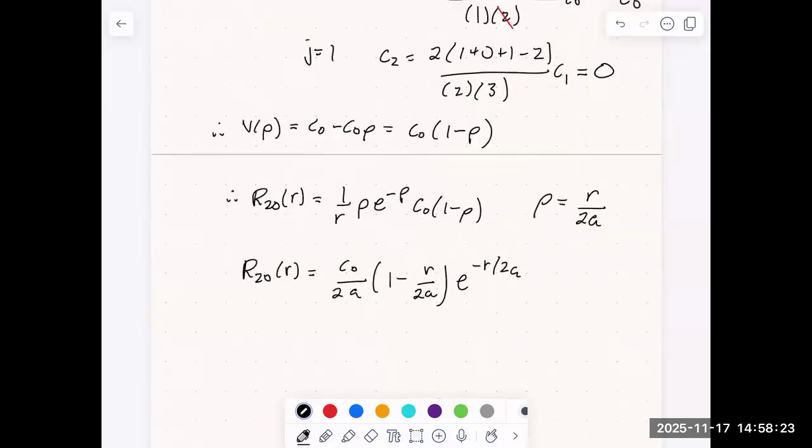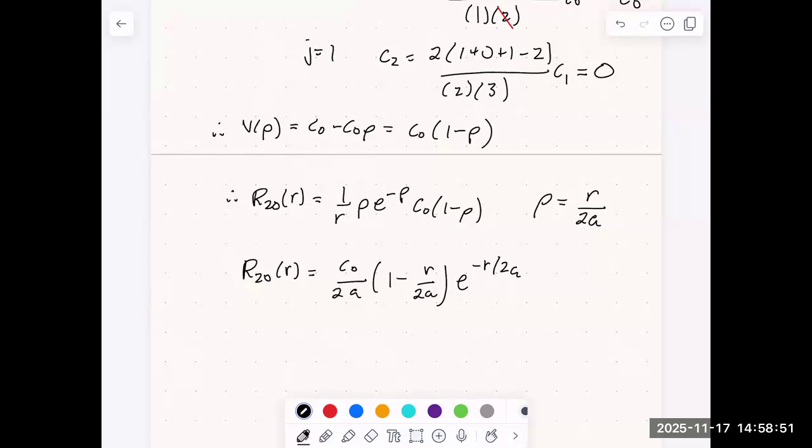And then I'm not going to do it, but you would have to normalize. And in fact, the normalization is not going to be difficult if you use our factorial trick. Because you can see it. If I square this out, I'm going to have e to the minus R over A kind of thing. That's totally fine. I'm going to have this thing squared, so that's going to be some polynomial in R up to R squared.